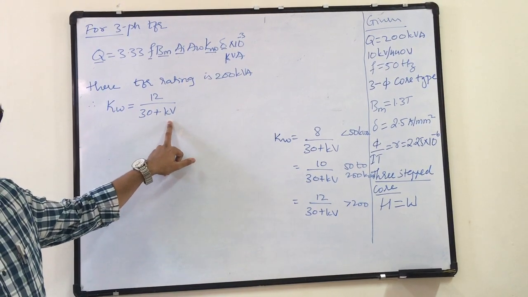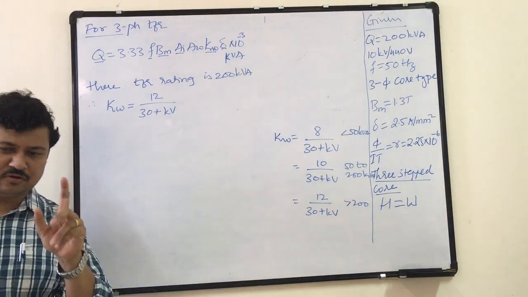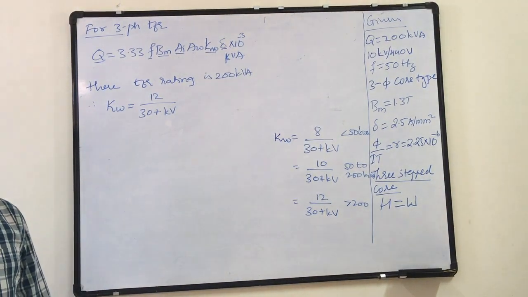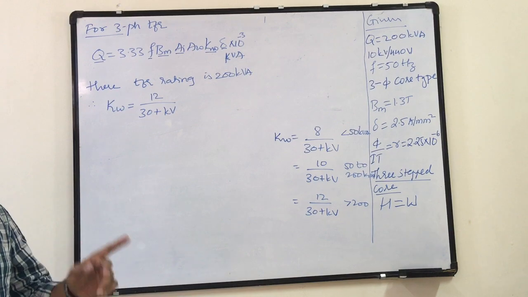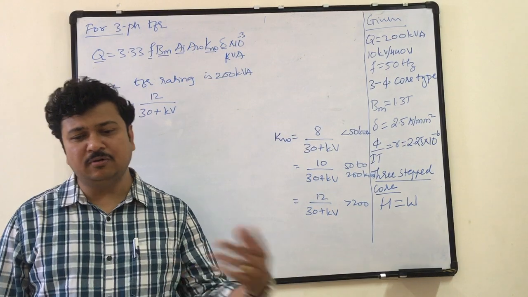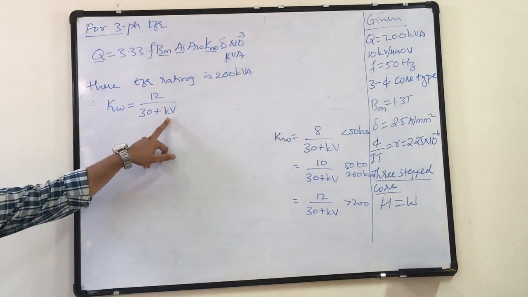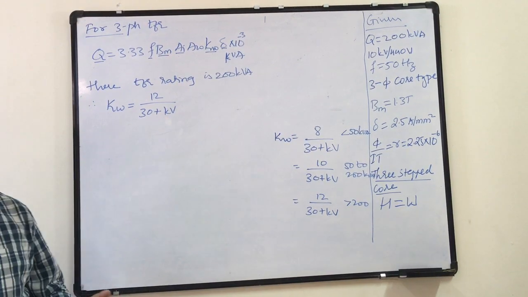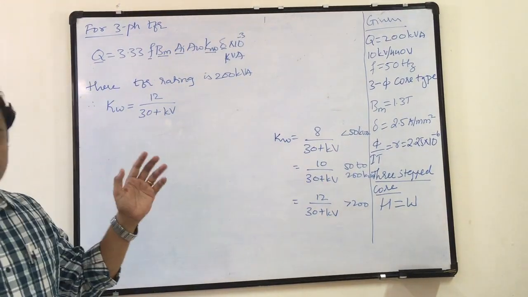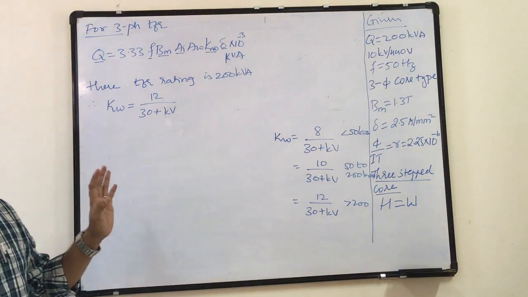Why does it have to be taken for HV winding? Because window space factor is defining the area of window. So area of window should be with respect to the number of turns carried by the high voltage winding, because high voltage winding carries more turns. If I choose LV winding here, the area of window I get may not be sufficient to place the primary and secondary winding both comfortably.